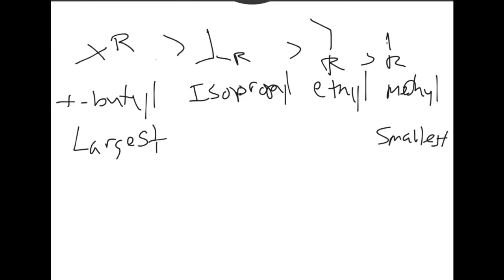So tert-butyl is your largest group. Methyl is your smallest group.